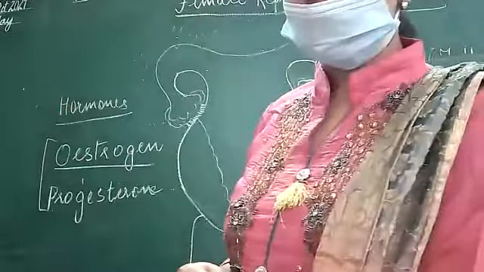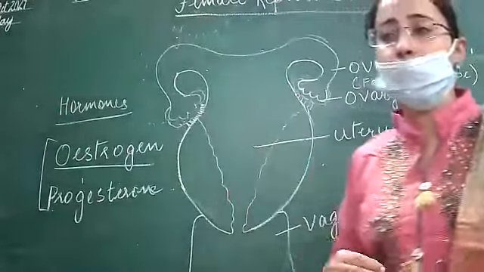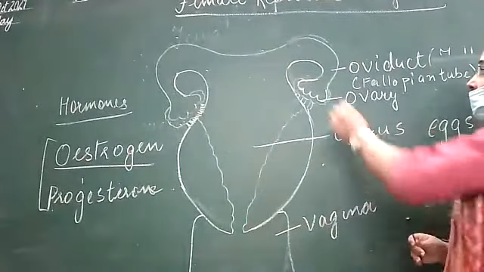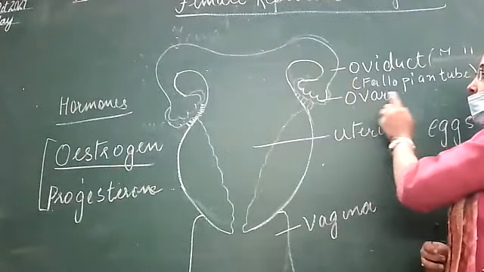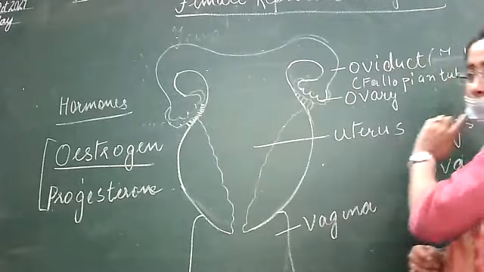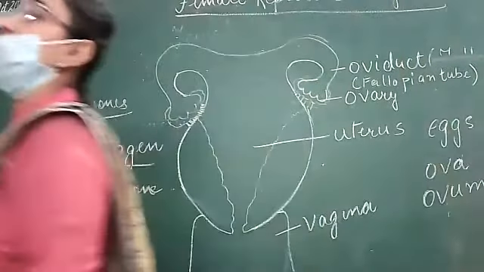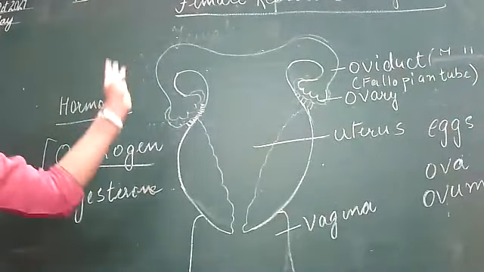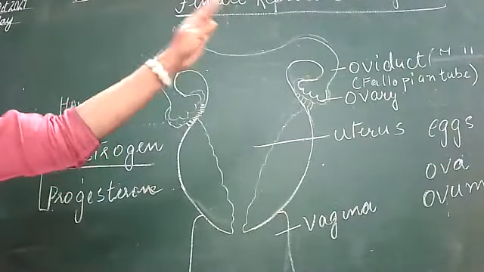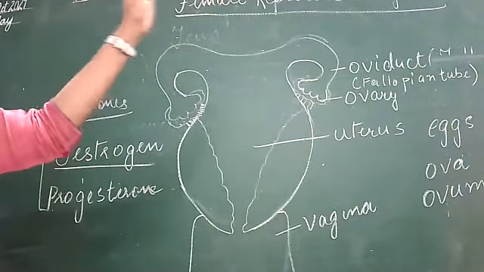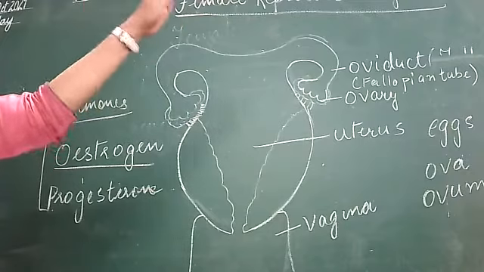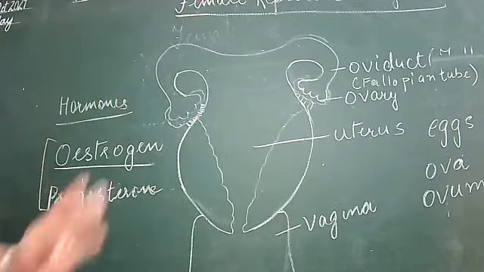Now, next is, beta, fallopian tube. You can see here, there is a fallopian tube or oviduct. So like there is a pair of ovaries, there is a pair of fallopian ducts or oviducts or fallopian tubes. Okay?